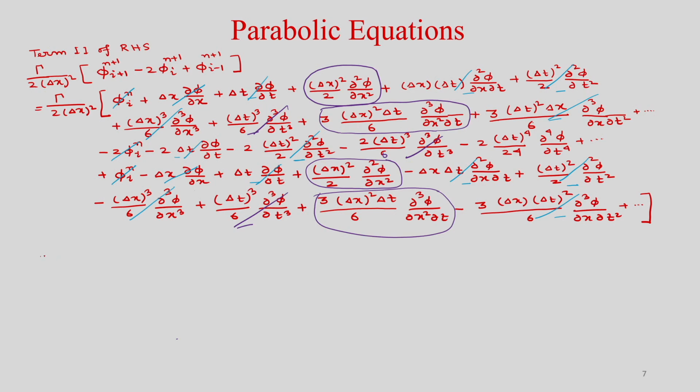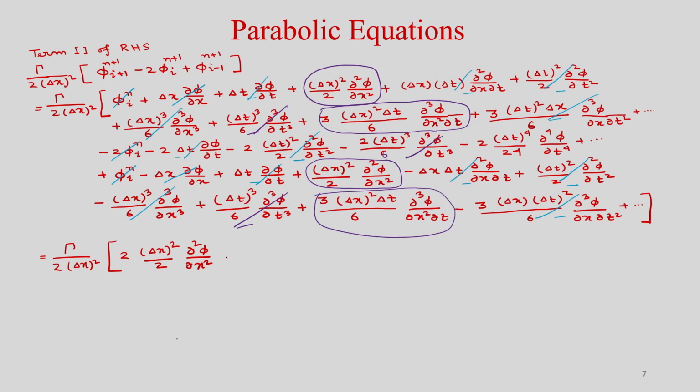And that we can write now as equal to gamma by 2 ∂x². First let us write, then it will be easy. You can see this ∂x² by 2, ∂x² by 2, so there are 2, so 2 times ∂x² by 2 ∂²φ/∂x².